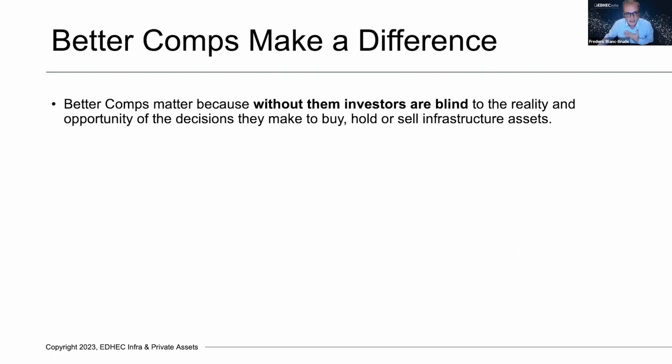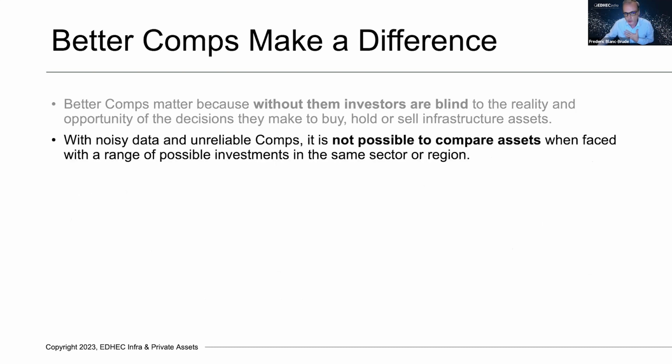And finally, this is important. It will make a difference because without these better comps, investors are blind to the reality and the opportunity of the decisions they make to buy, sell, or hold infrastructure assets, which is too bad, really. If you have noisy, unreliable comps, it's not possible to compare these assets when you're faced with a range of possible investments.